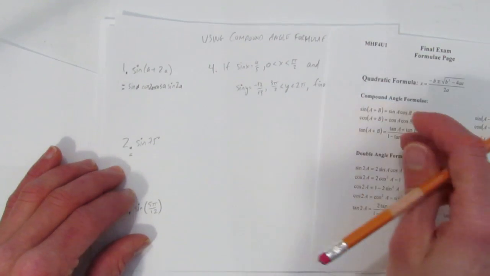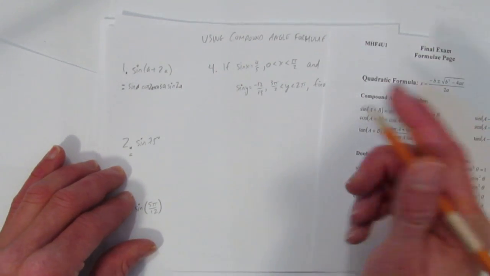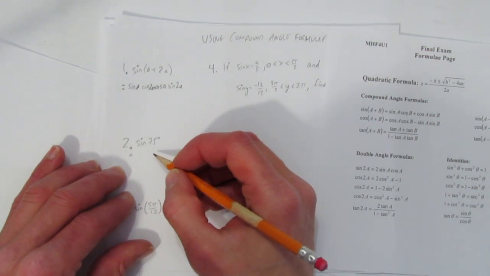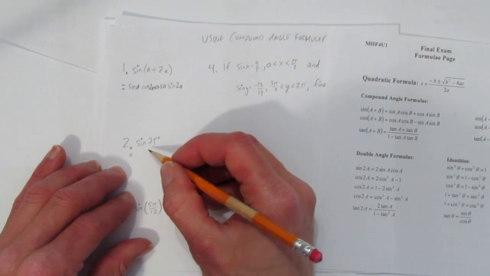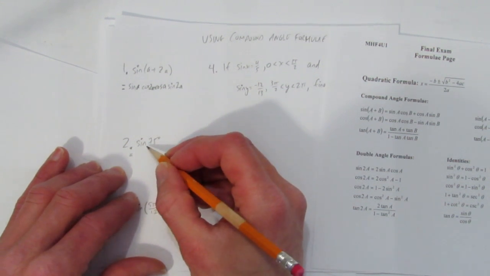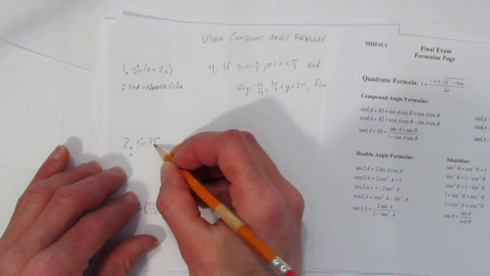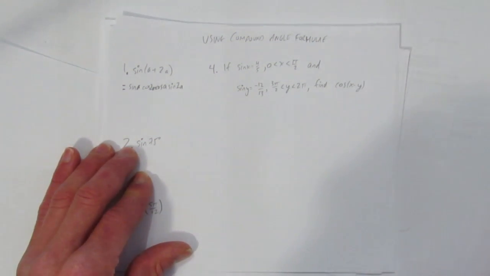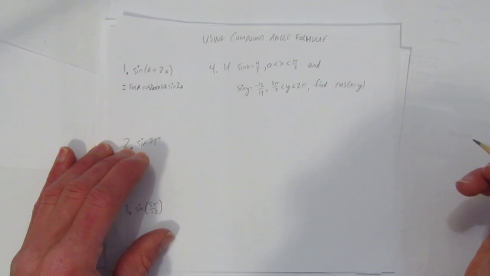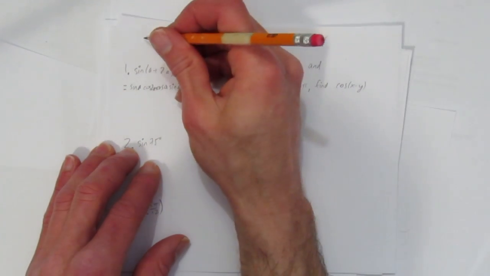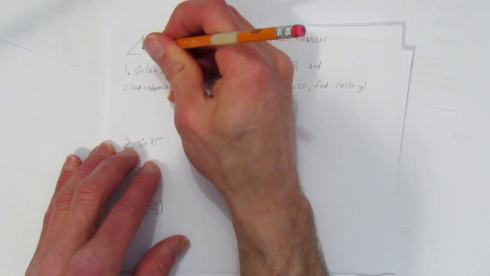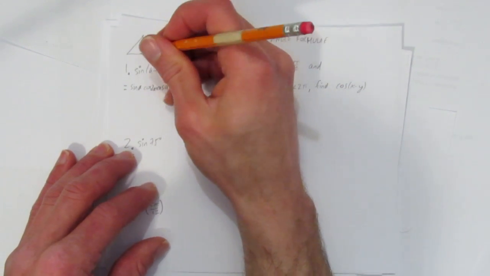And this one's going to be a little bit more work in that here you have to think, I need something that adds to 75 that can be made from the special triangle. So it might be helpful to look at the special triangles in degrees this time, though we're going to want it in radians eventually.